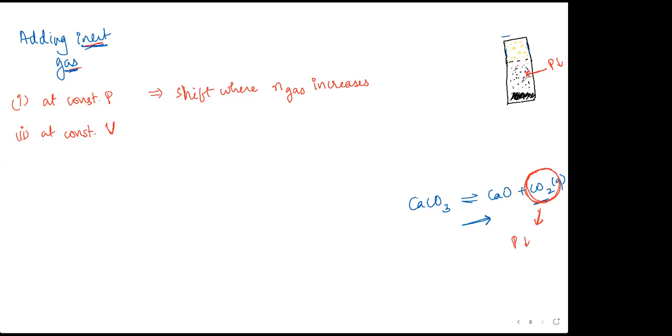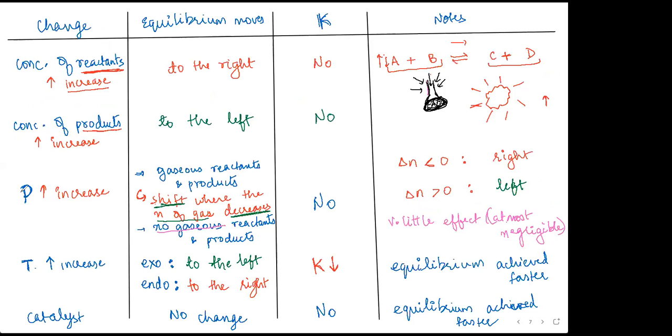So now, if there is more space occupied by CO2, overall pressure has decreased. What did our change in pressure say? Like if overall pressure has decreased, how is the equilibrium going to shift? So if pressure increased, then the shift is where the number of moles of gas decreases. If pressure decreased, our equilibrium is going to shift in the other direction where the number of gas increases.